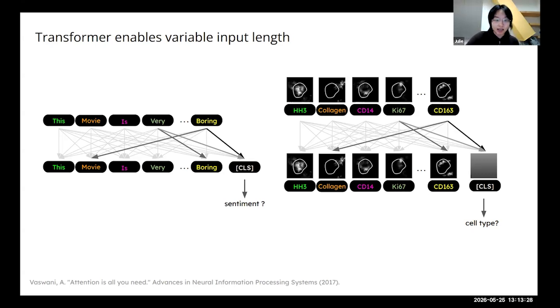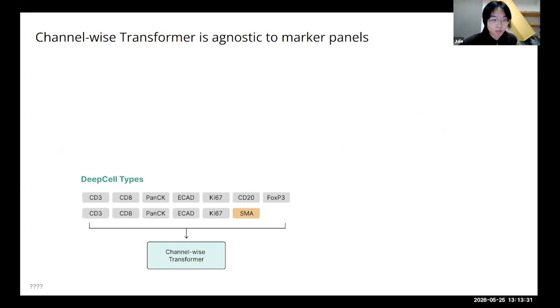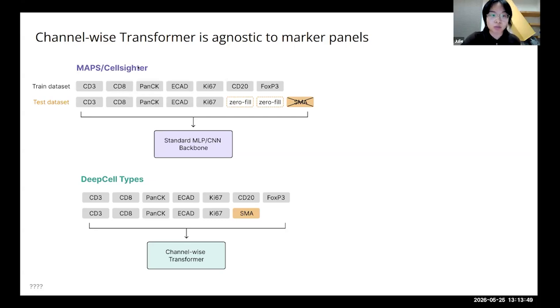And so taking this idea, we want to build this channel-wise transformer, which is agnostic to marker panels. So if this model is trained on this first row of markers, then it can generalize to a second row of markers. And if you compare this to the more traditional approaches like MAPS or CellSighter, which are either NLP-based or convolutional neural network-based models, they usually have a fixed number of channels.